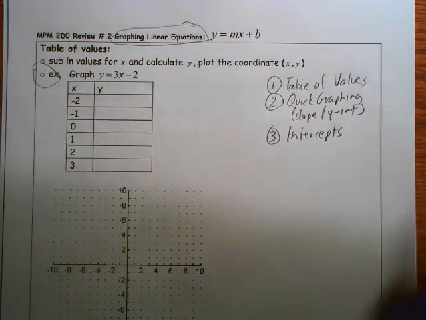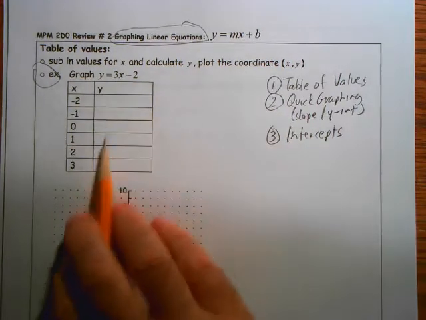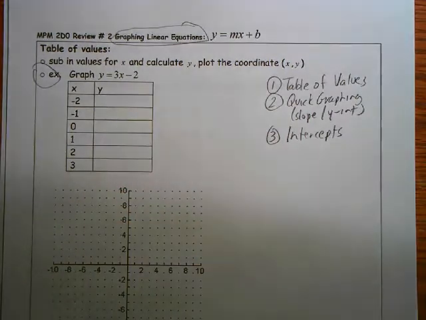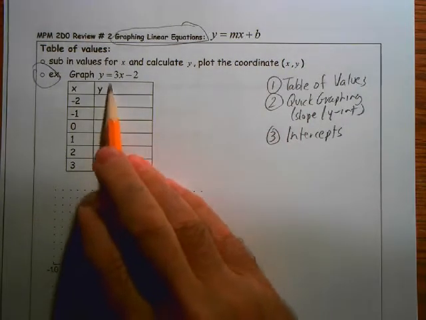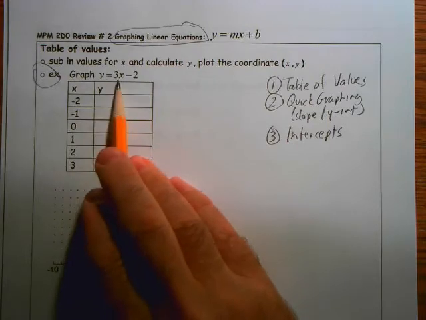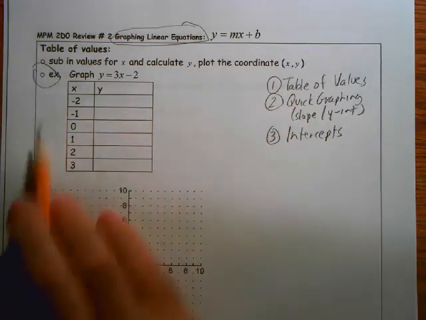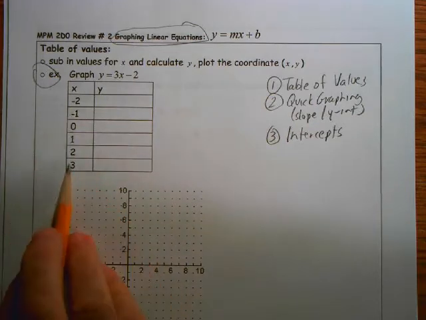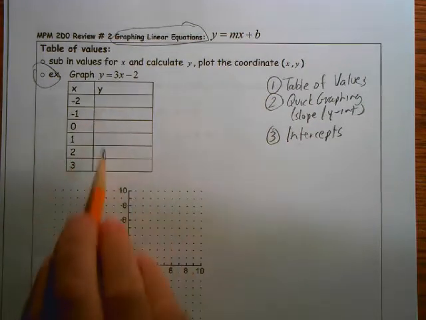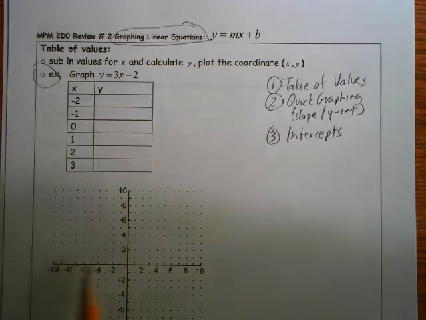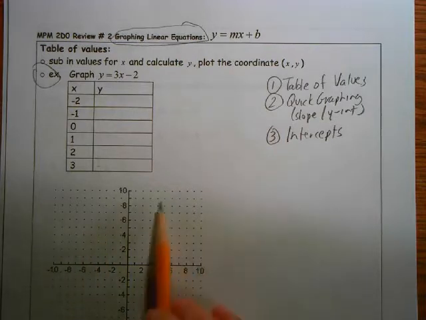So in this example here, they want us to do a table of values. Just a reminder of how to do that. We're graphing y equals 3x minus 2. So we've got these given values of x, and we want to calculate the values of y. We want to find out where the point is along those vertical lines.